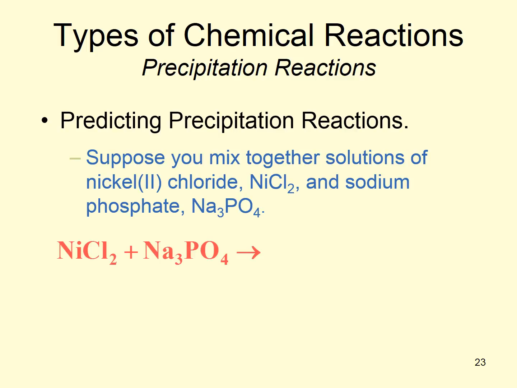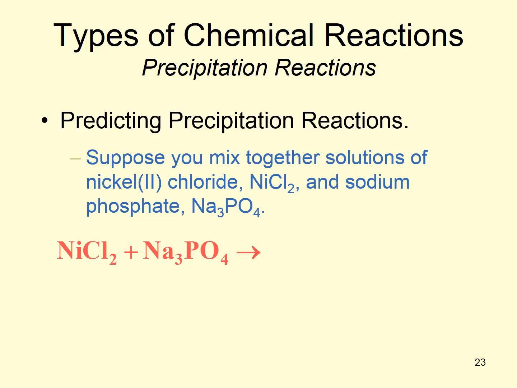All right, so what's going to happen since nickel chloride and sodium phosphate are both soluble? We're going to have all of our different ions, the nickel ion, the chloride ion, the sodium ion, and the phosphate ion. So we already know the nickel and chloride do not stay stuck together. They stay dissolved. We know the sodium and the phosphate will stay dissolved. They don't form a solid.